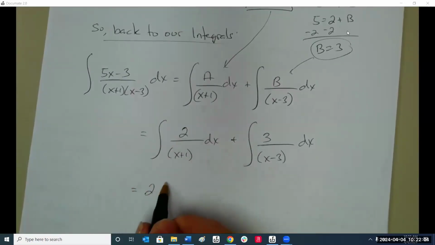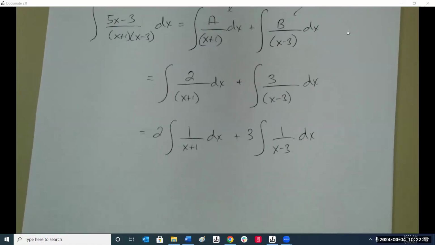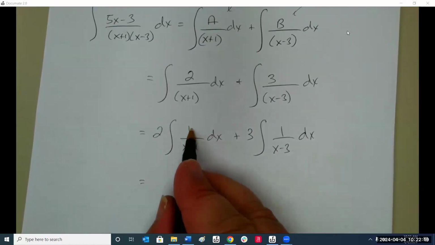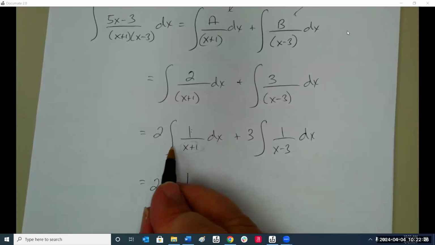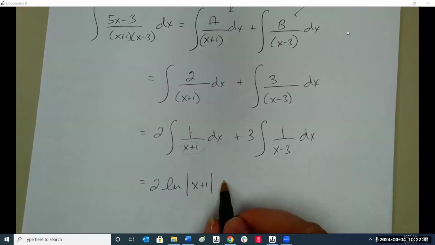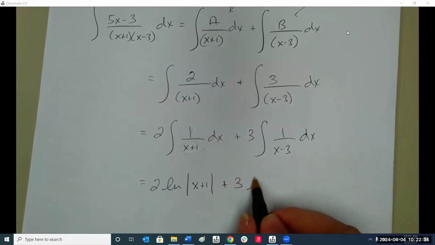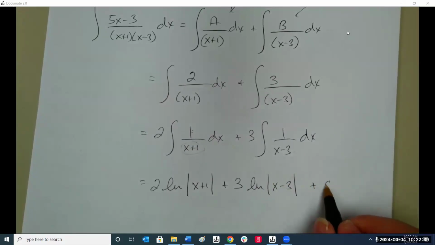Those are constants, so I have 2 times the integral of 1 over x plus 1 dx, plus 3 times the integral of 1 over x minus 3 dx. Well, that's u, that's du. So the integral is the ln of the absolute value of the denominator, so 2 ln of the absolute value of x plus 1, plus 3 ln of the absolute value of x minus 3, plus some constant.